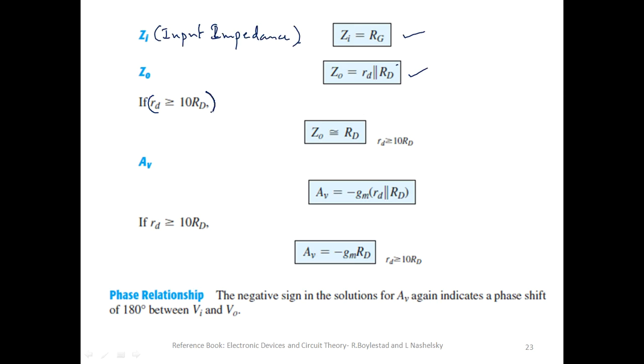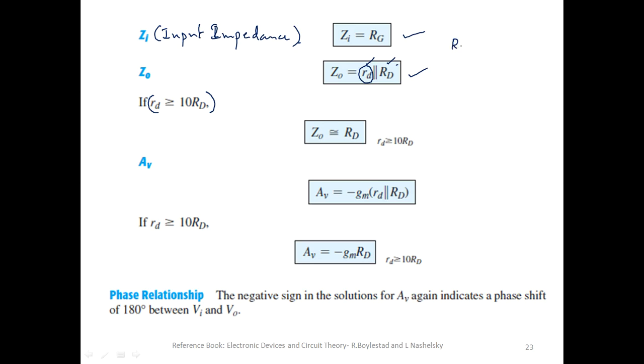As per this condition, if small rd is greater than or equal to 10 RD, Zo is almost equal to RD. One clarity to be given here is RD parallel to rd. These two are resistances. Usually small rd is the internal resistance of the JFET, and it is much larger compared to RD. We know that if two resistors are in parallel, the effective parallel resistance will be lesser than the least resistance value. Basics of parallel resistance.